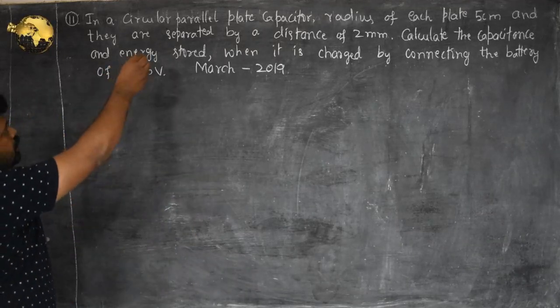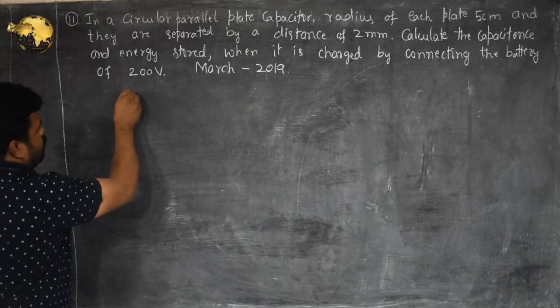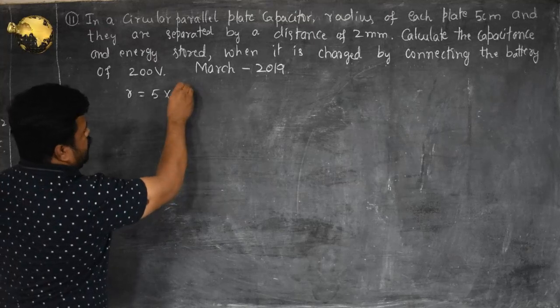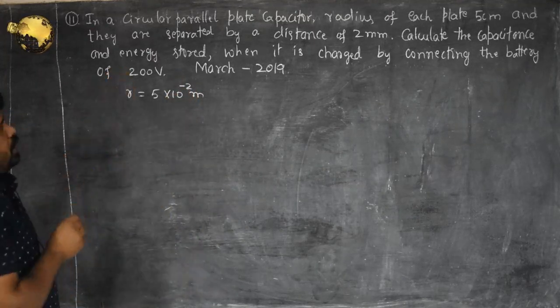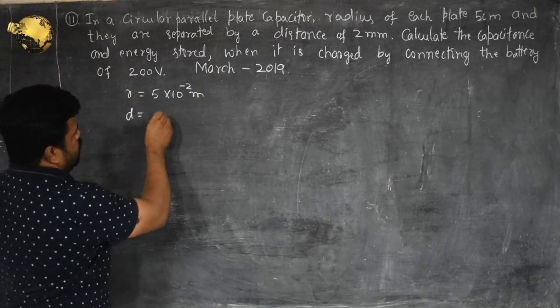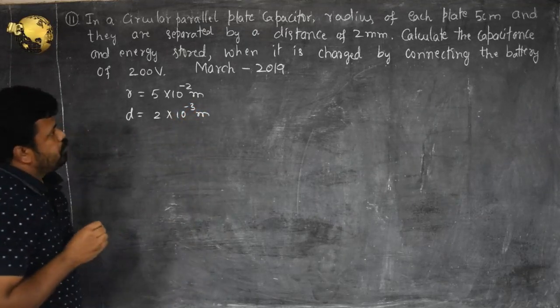In a circular parallel plate capacitor, the radius of each plate, r, is equal to 5 into 10 to the power minus 2 meter. And they are separated by a distance, that's given directly: d is equal to 2 into 10 to the power minus 3 meter.